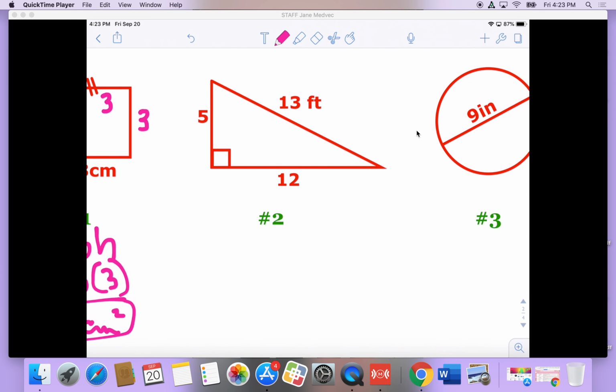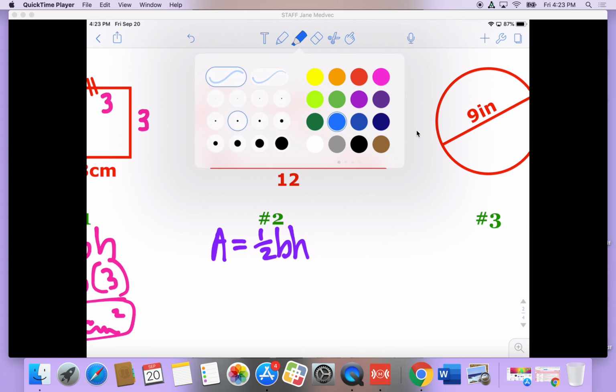Let's go to the next figure. The next figure you're going to notice is a triangle. So I'm going to grab the formula, area equals 1/2 base times height. Now, when we figure out base times height, what side am I talking about? Notice that there are 3 sides, right? Students get confused a lot of times, which sides do I choose? Well, when I look at a right triangle, I'm going to take a look at that little right angle part right here, and I'm going to take a look at what is what.